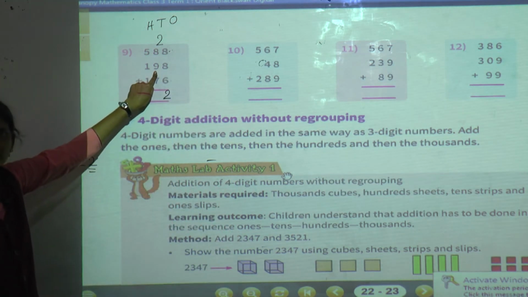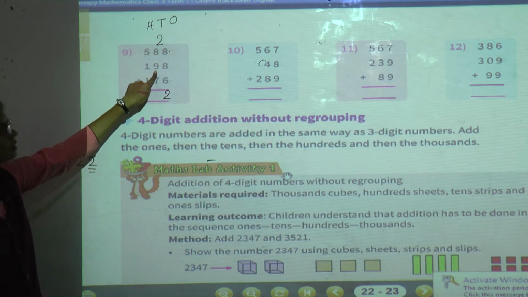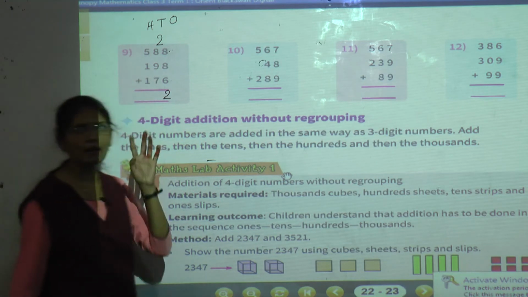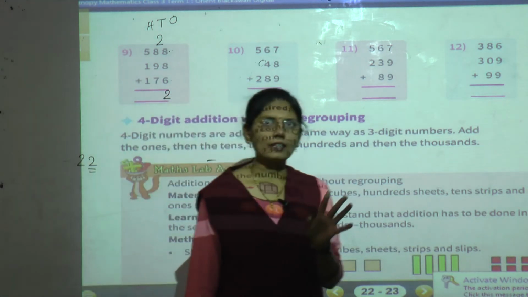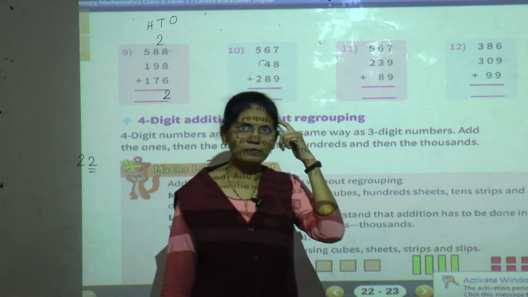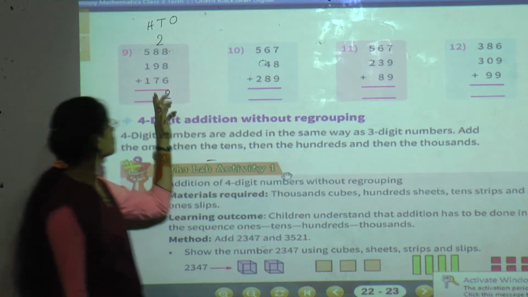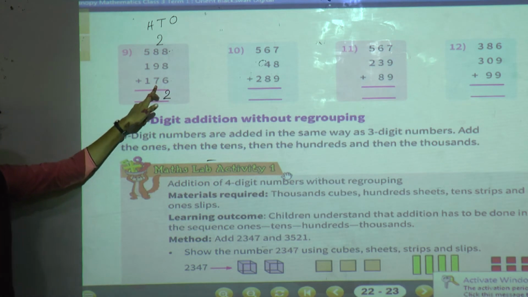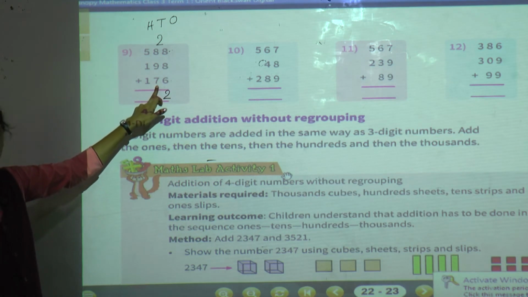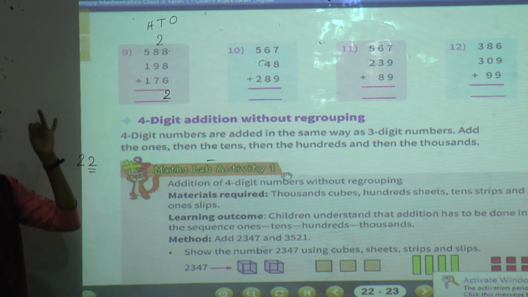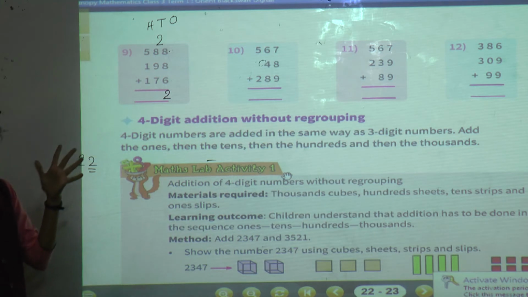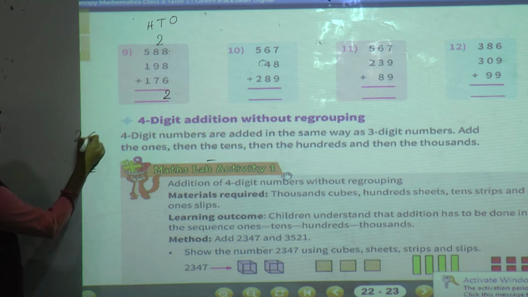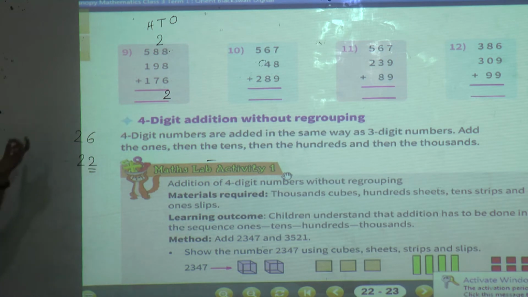Now we got 19. Now 19 plus 7 we have to do. So for that keep 19 in your mind, plus 7, show your 7 fingers. After 19 count the 7 fingers. 20, 21, 22, 23, 24, 25, 26. Now 26 is there. We got 26.